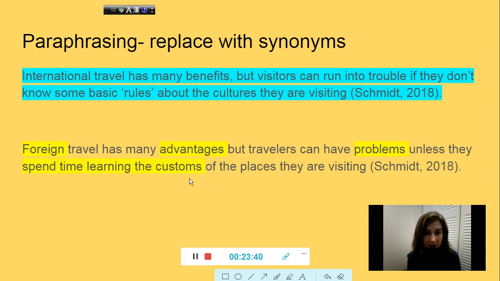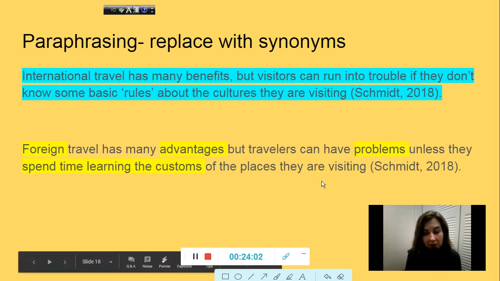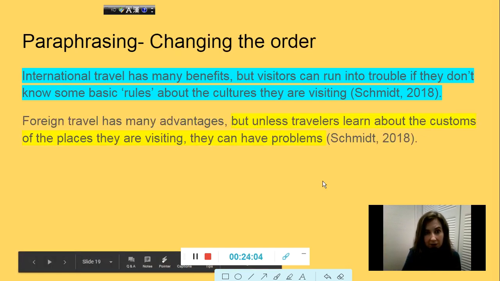Spend time learning the customs or know some basic rules about the culture. So it's basically the same thing, just different words. And you're going to put the author's family name, their last name. Cahill is my family name. You would put Cahill and then the date, 2018. So that was one, synonyms.